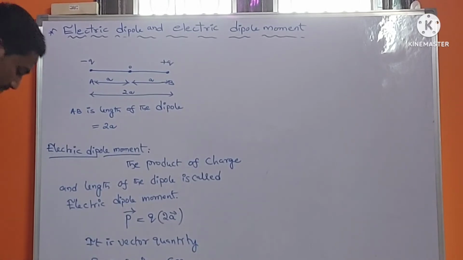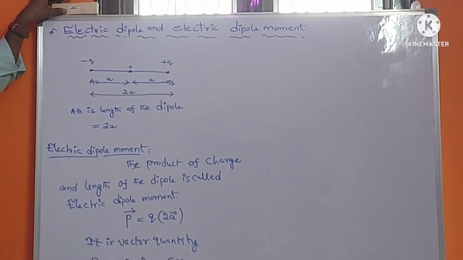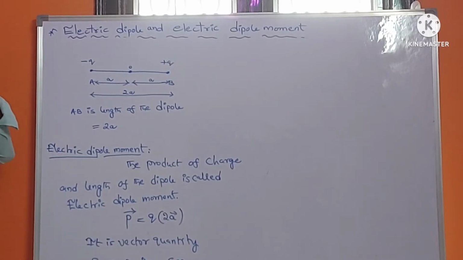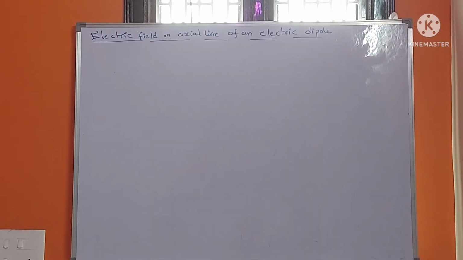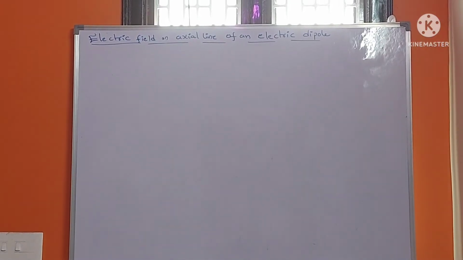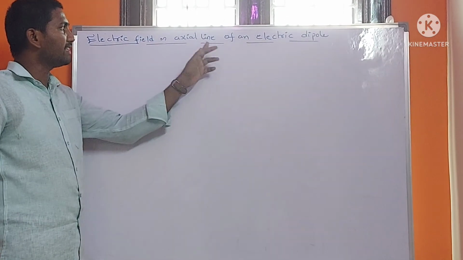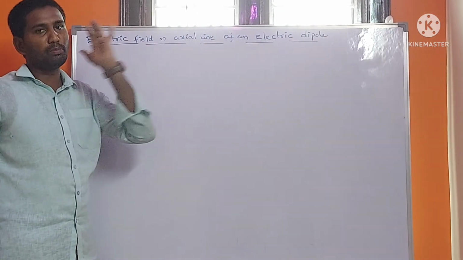Okay, now using this electric dipole and electric dipole moment, we find the electric field on the axial line of an electric dipole.